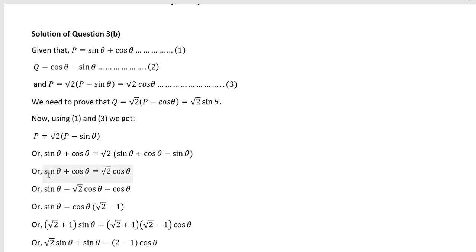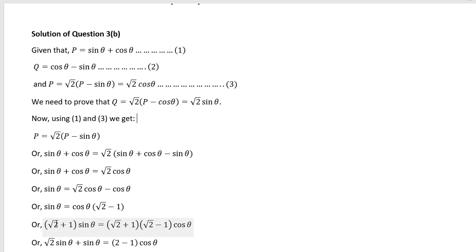Now if you take cos theta at the right side, you will get sin theta equal to root 2 cos theta minus cos theta. If you take cos theta as common factor here, you will get cos theta into root 2 minus 1.